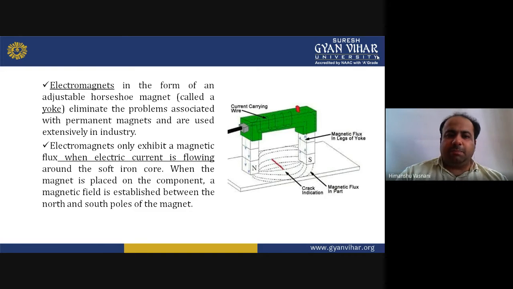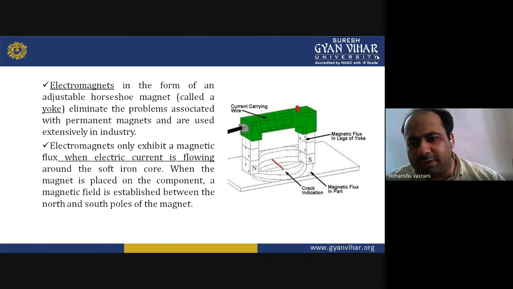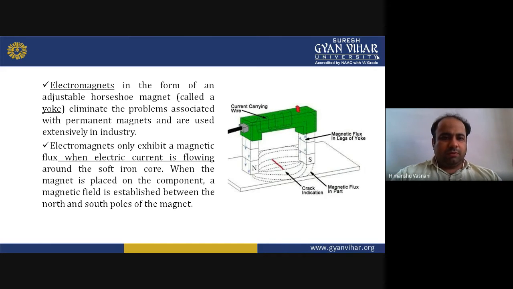So when you place the magnet on the component, a magnetic field is established between the north and the south pole of the magnet. Now, what happens after that?